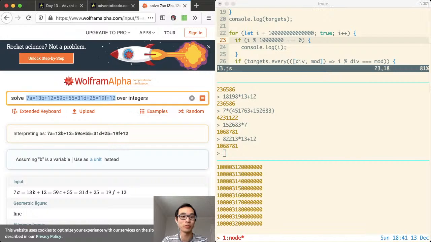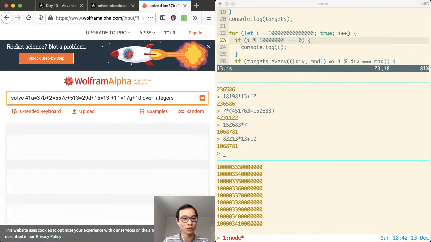I don't know if WolframAlpha will be happy to do this for over 9 variables, but 41a equals 37b plus 2 equals 557c plus 513 equals 29d plus 15 equals 13f. I can't use e because it interprets it as an exponential, as a times 10 to the power of thing, plus 11, which equals 17g plus 10.